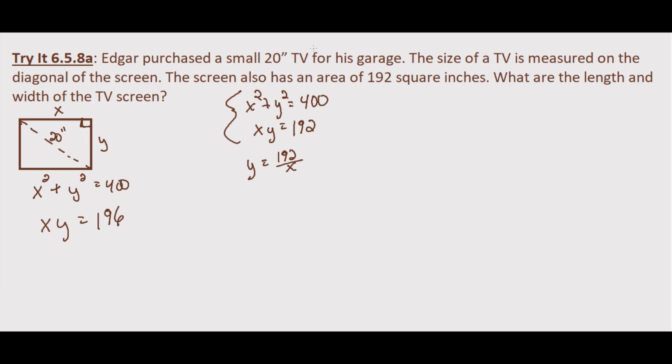So we'll substitute that into our first equation, x squared plus y squared equals 400. So x squared plus 192 divided by x in place of y squared equals 400.